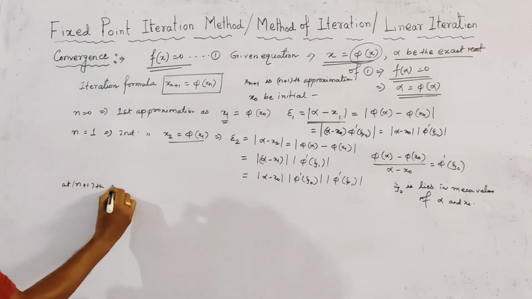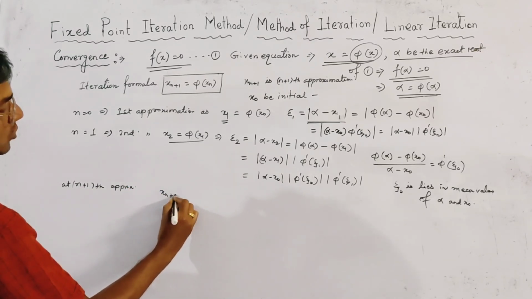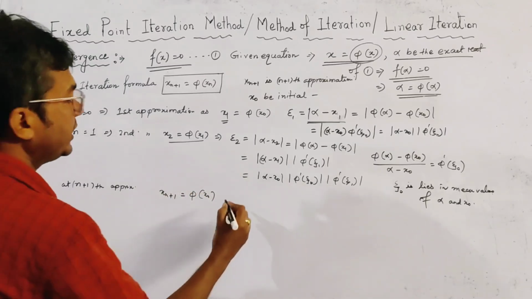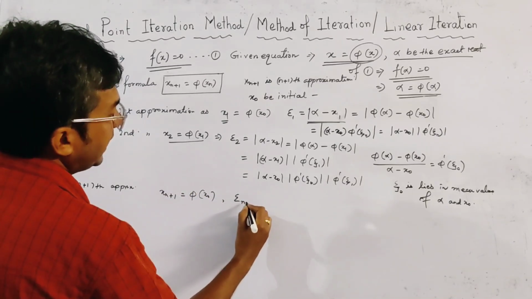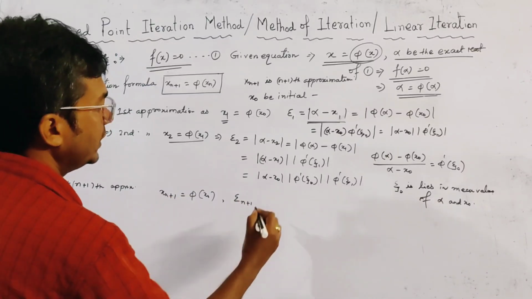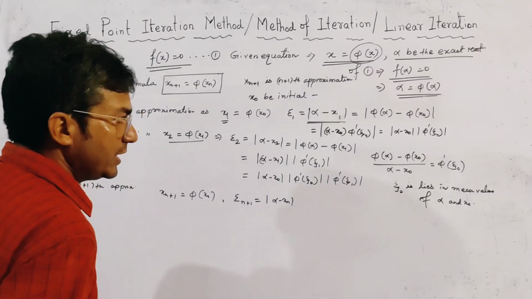At the n plus 1th approximation, we get x_{n+1} equal to phi of x_n, and the error at the n plus 1th approximation is epsilon_{n+1}, which is given by mod of alpha minus x_{n+1}.